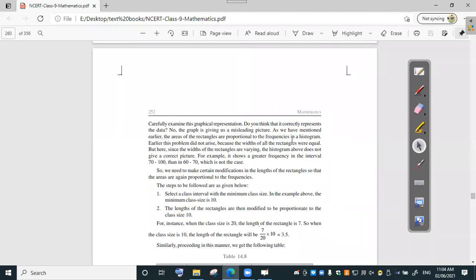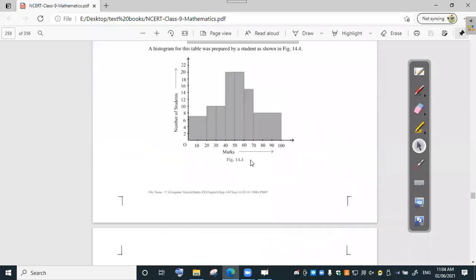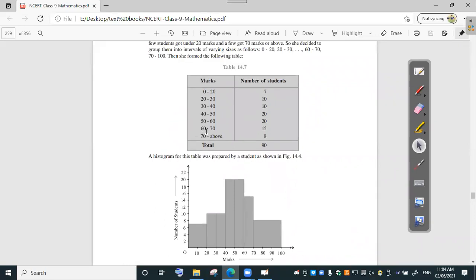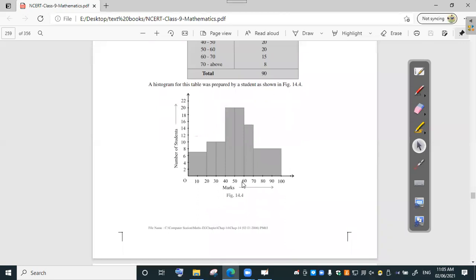The areas of the rectangles are proportional to the frequencies in a histogram. Earlier, this problem did not arise because the widths of all the rectangles were equal. But here, since the widths of the rectangles are varying, the histogram does not give a correct picture. For example, it shows a greater frequency in the interval 70 to 100 than in 60 to 70, which is not the case. 60 to 70 has 15, and above 70 is 8.